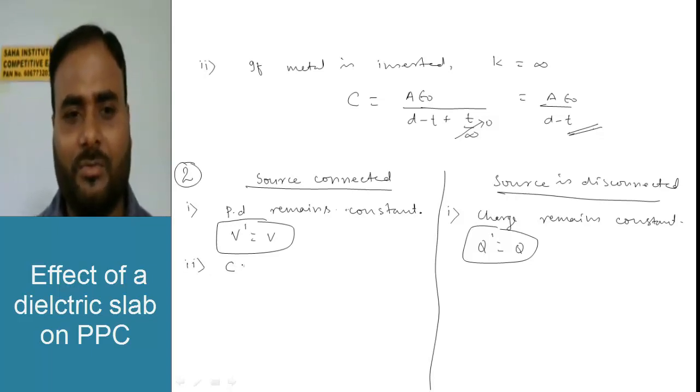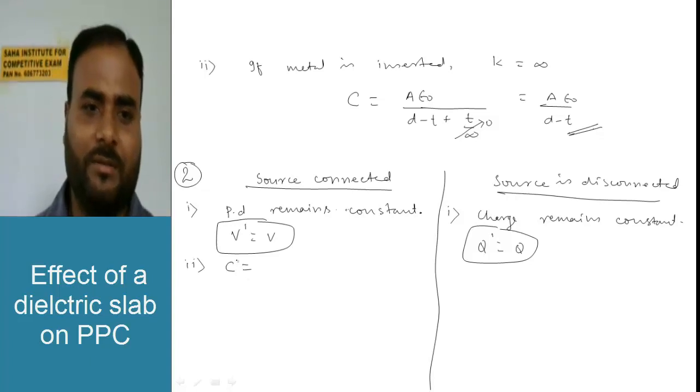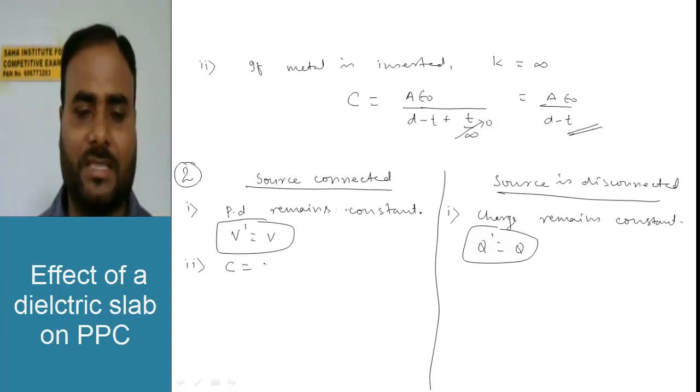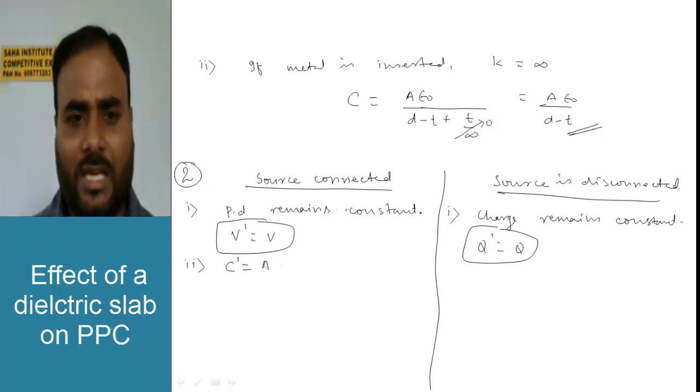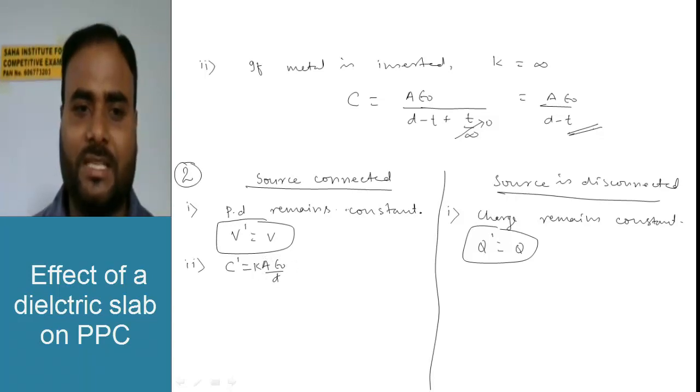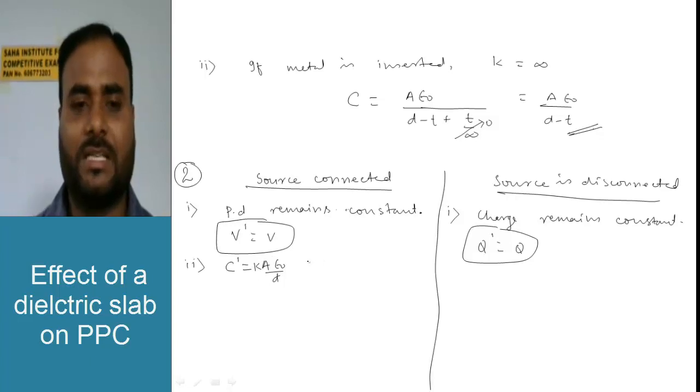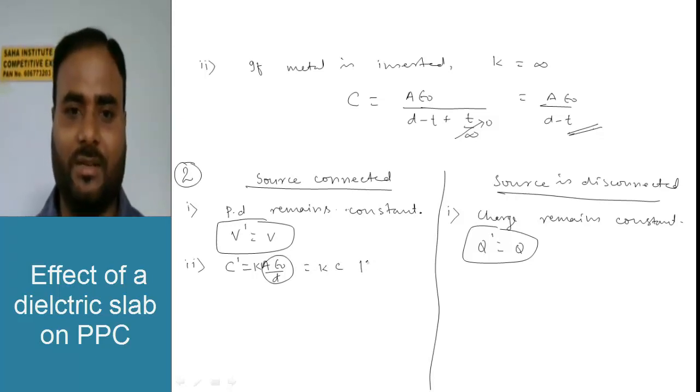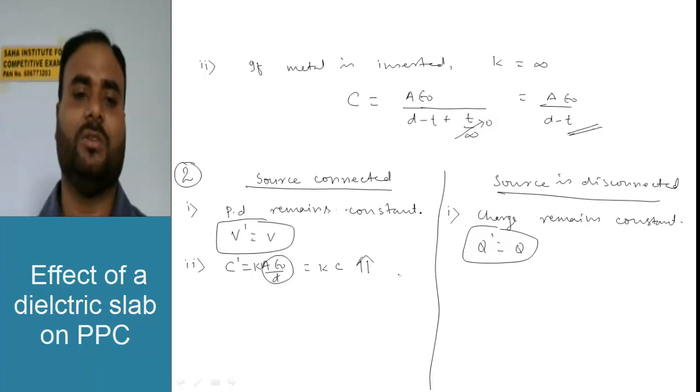Now see how other parameters change. Now how about the capacitance? Let me say the new capacitance is A epsilon naught by D when there was no medium inserted. But we know that when a medium is inserted, it has to be multiplied with K. This one is the original capacitance, so it's K times C. So definitely you have seen that it is also increasing.